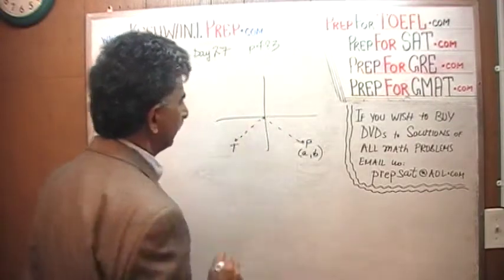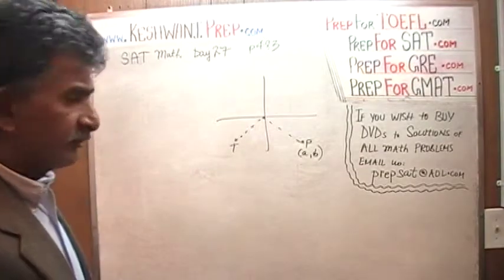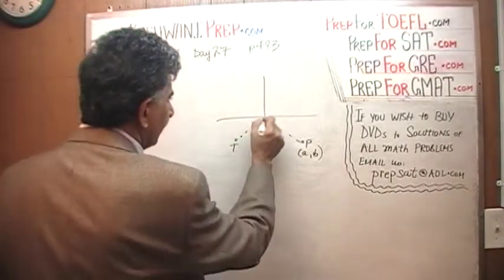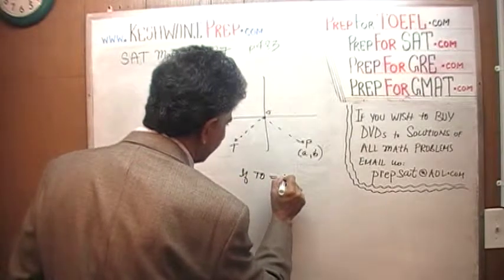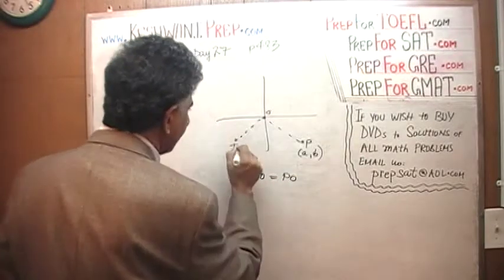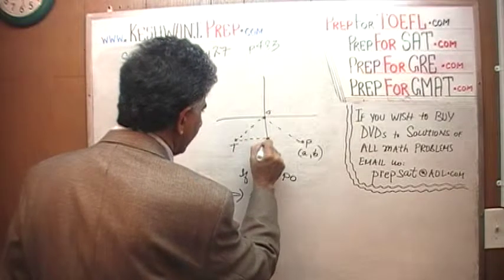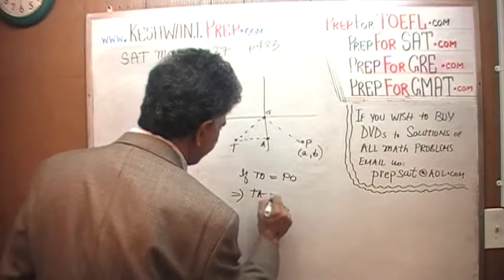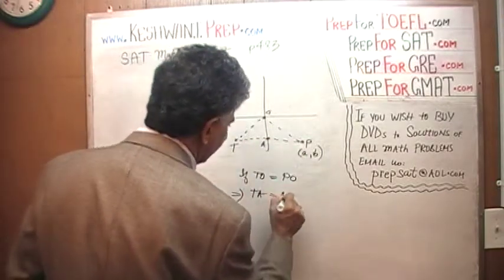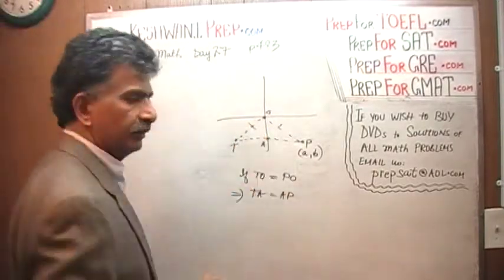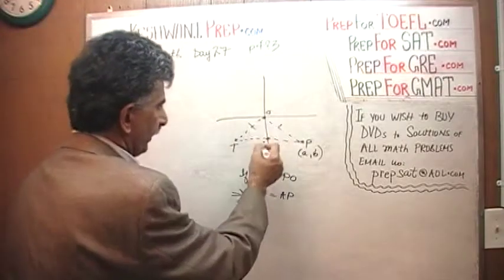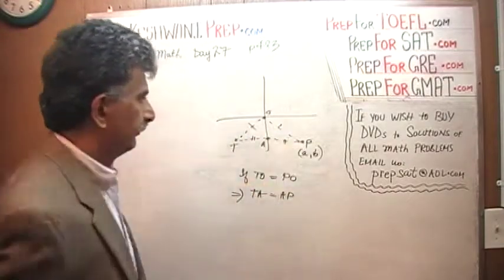If T to O is the same as P to O, that implies that T to A must equal A to P, because this makes an isosceles triangle, you see? And this line is going to cut it in half, so this part is going to be equal to this part.